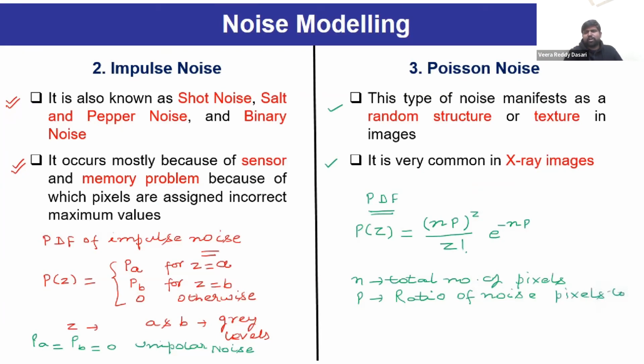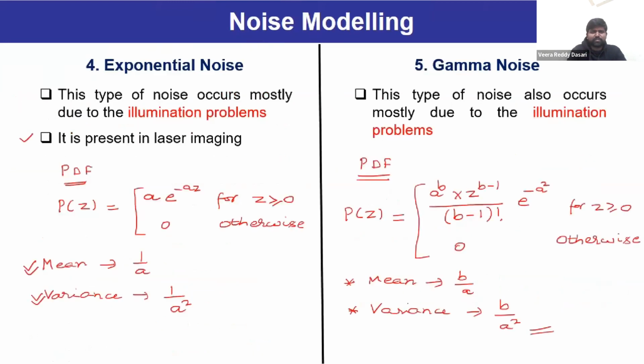And Poisson noise, this is used in X-ray images. This noise affects the random structure or texture in the images. The texture of the image can be changed, the structure of the image can be changed due to this type of noise, Poisson noise. And exponential noise and gamma noise occur mostly due to illumination problems.